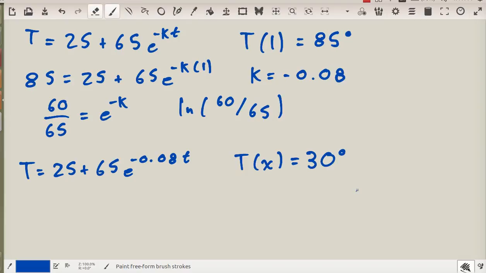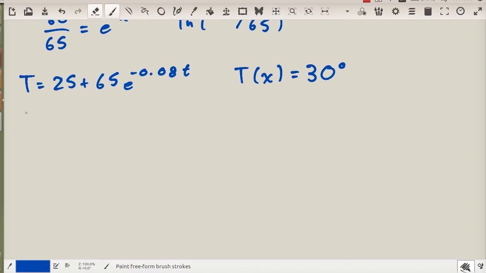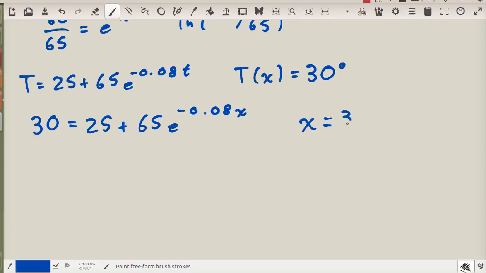So same as before, we're going to just plug that in. So 30 is equal to 25 plus 65 e to the negative 0.08 x. And I'm not going to show you how to solve that out, but at this point you are dealing with an x of 32 minutes, which is what the answer was.